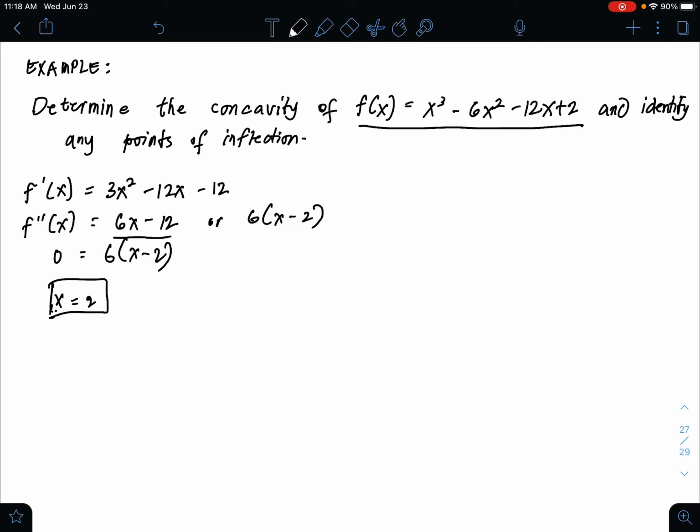But now, let us first determine, sige, kuha sa nato ang y. So to get the y value of the point of inflection, we are going to substitute it to the original equation. So substitute to the y value. Substitute nato ni to original equation.